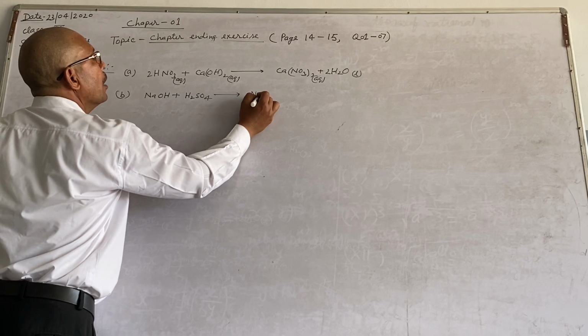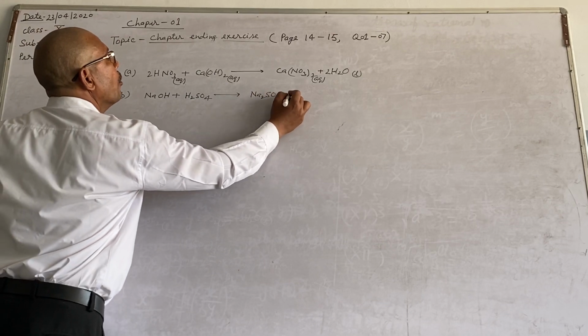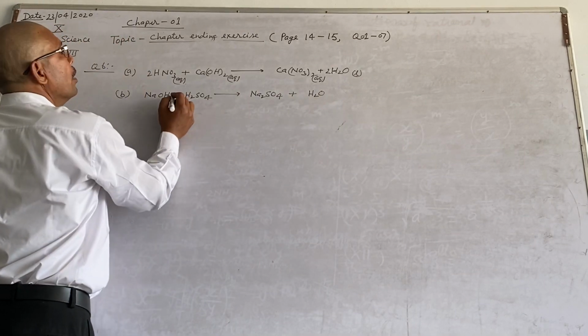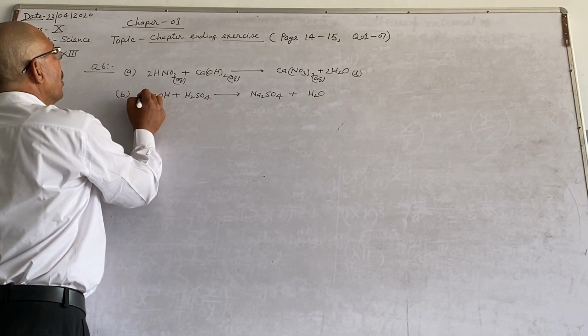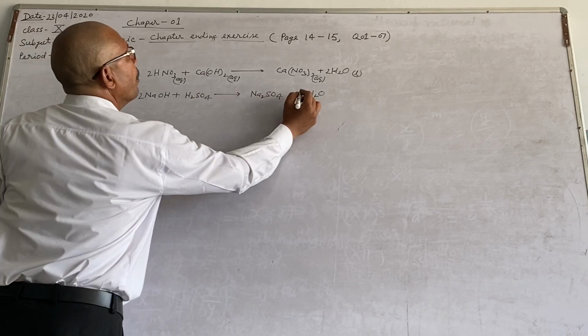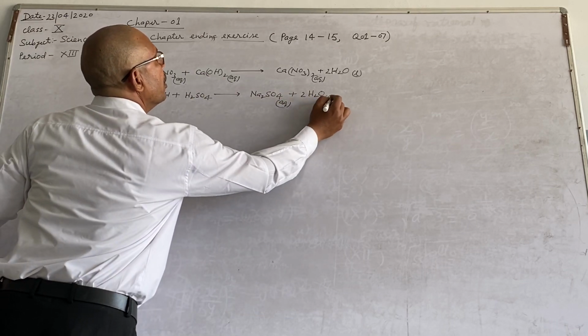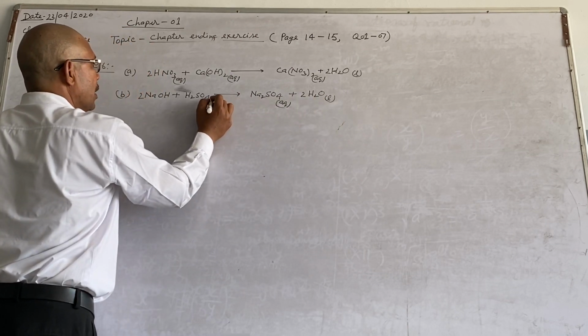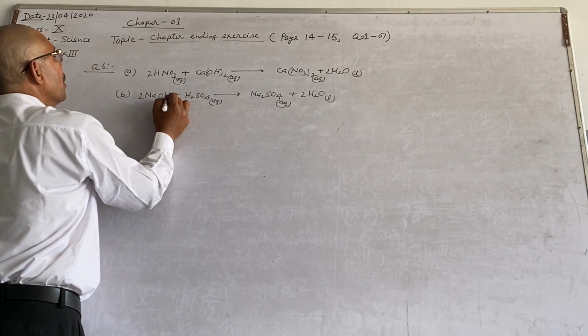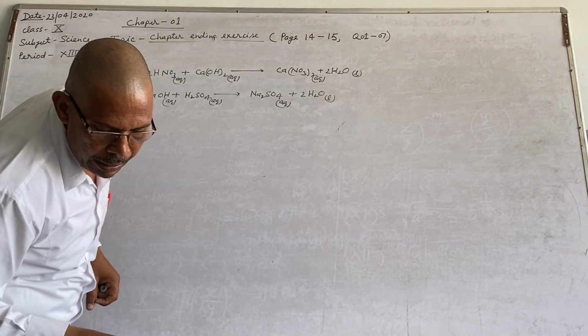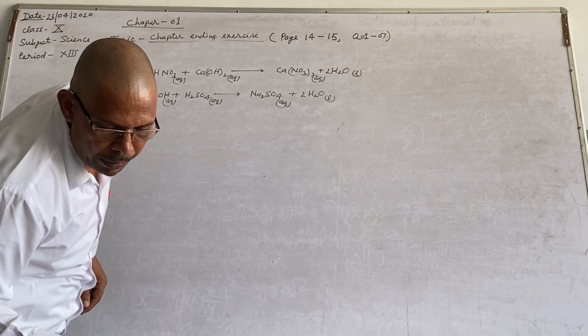After reaction, Na2SO4 plus H2O. H2O in aqueous solution. It is your responsibility to write the physical state. Part C. NaCl plus AgNO3 gives AgCl plus NaNO3.